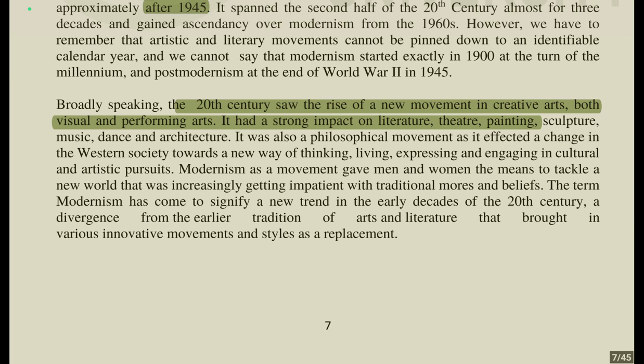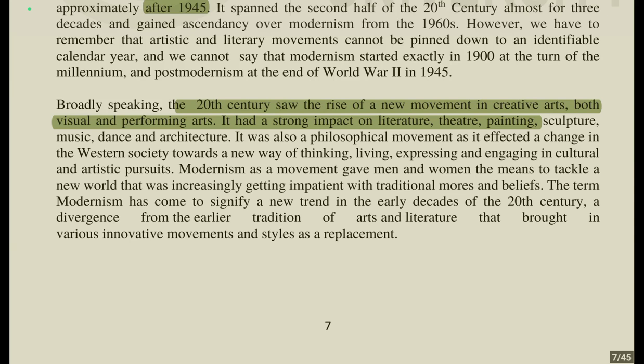So it wasn't specifically about literature, theatre, and painting, but highly influenced. It's not like everybody started writing in modernism. There were people who wrote in earlier genres or earlier time periods, but most of the period's writers were writing in modernism.